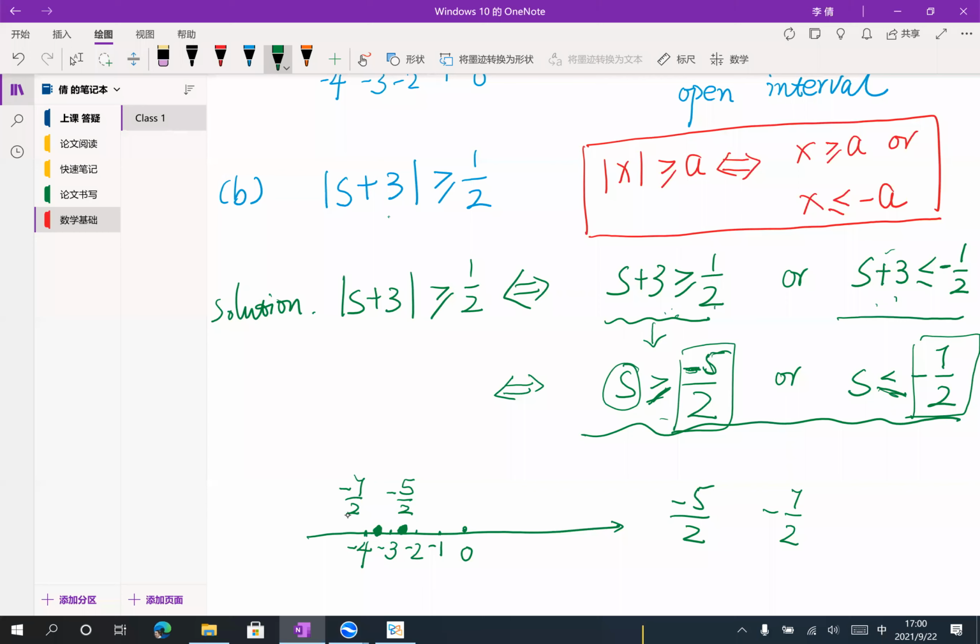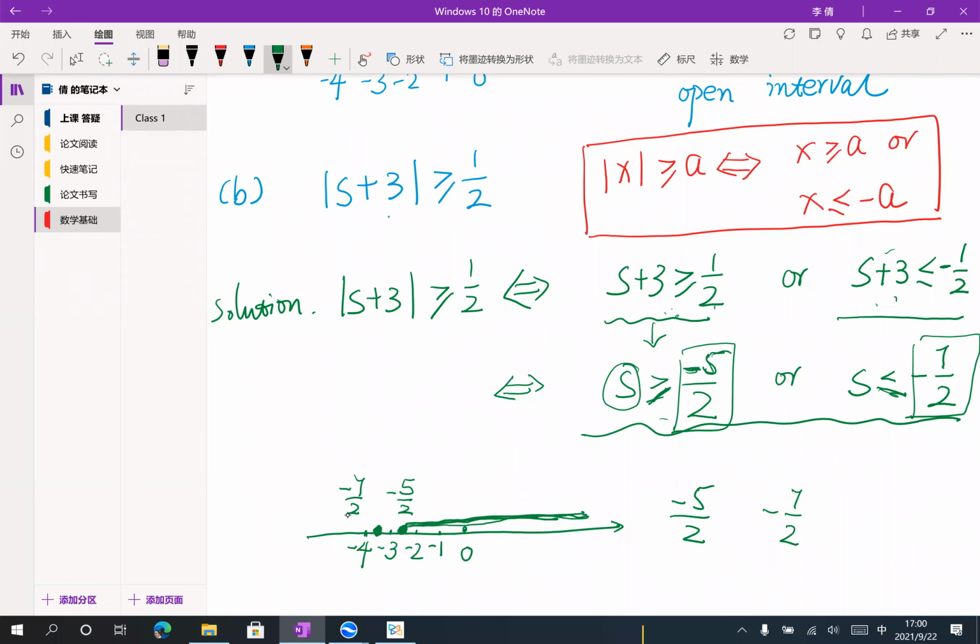All the numbers on the right of minus 5 over 2 are a solution to this inequality, so we draw a line on the right of this number. So this is the solution.